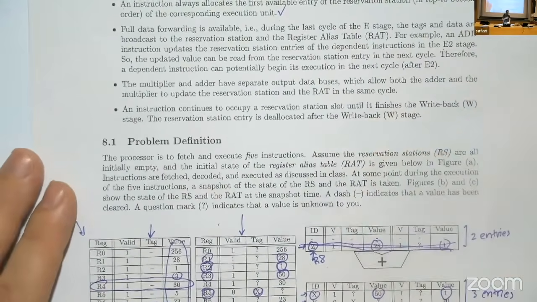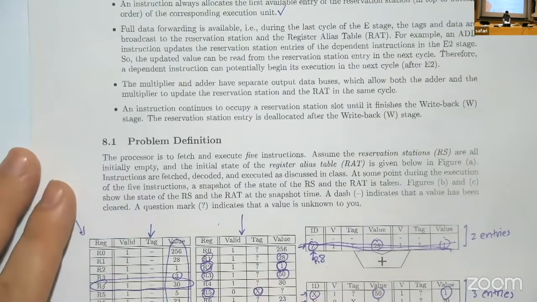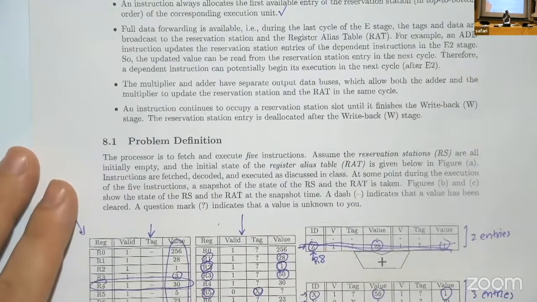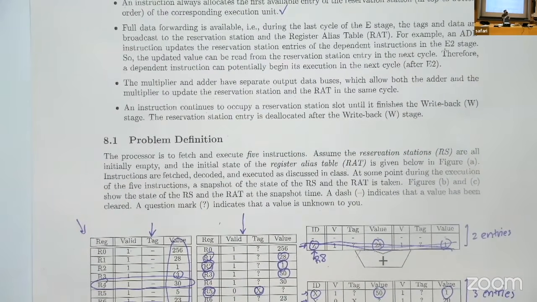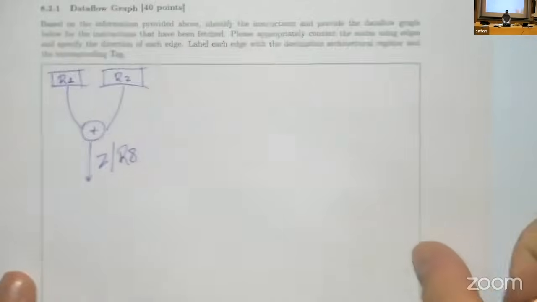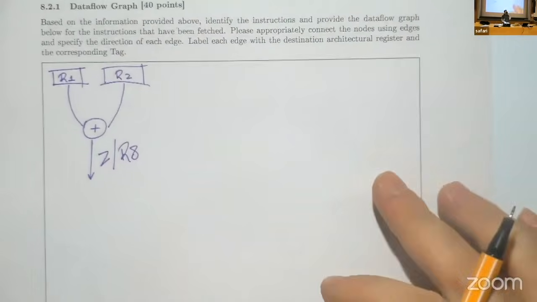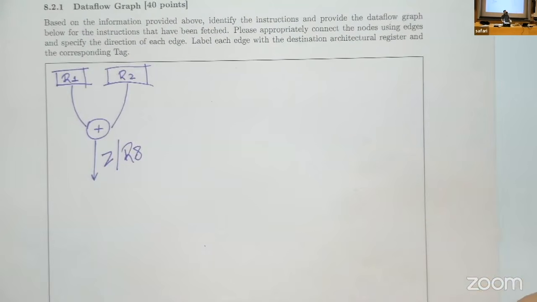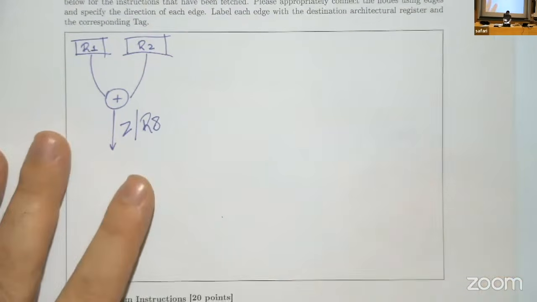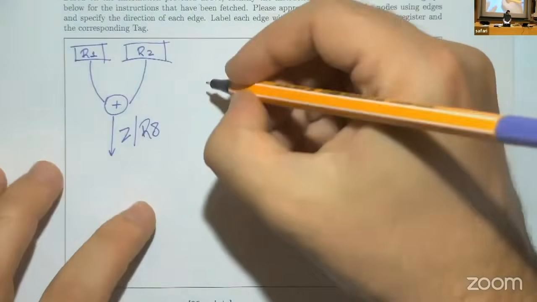So R3, R4, and R7 end up adding and giving the result to R3. So you know that for sure the instruction add R3 from R4 and R7 is the first instruction executed before every other instruction. So continue with that one in the exam.